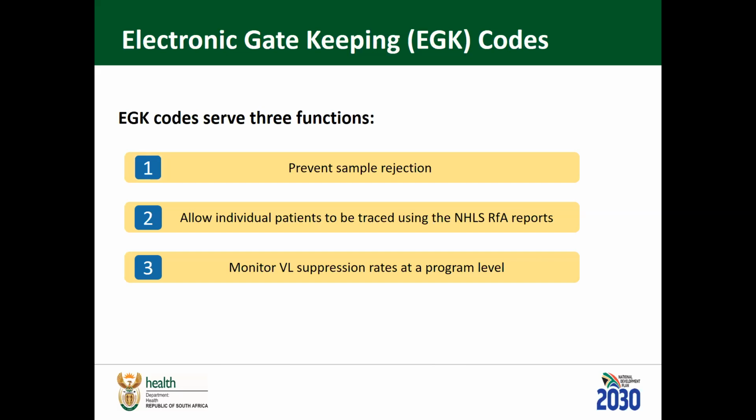And that's the background behind these codes that were specifically introduced for maternity, the maternal EGK codes. So they were introduced in 2019 primarily to prevent sample rejection, but also to allow patients to be traced using the RFA reports and to monitor the maternal program.